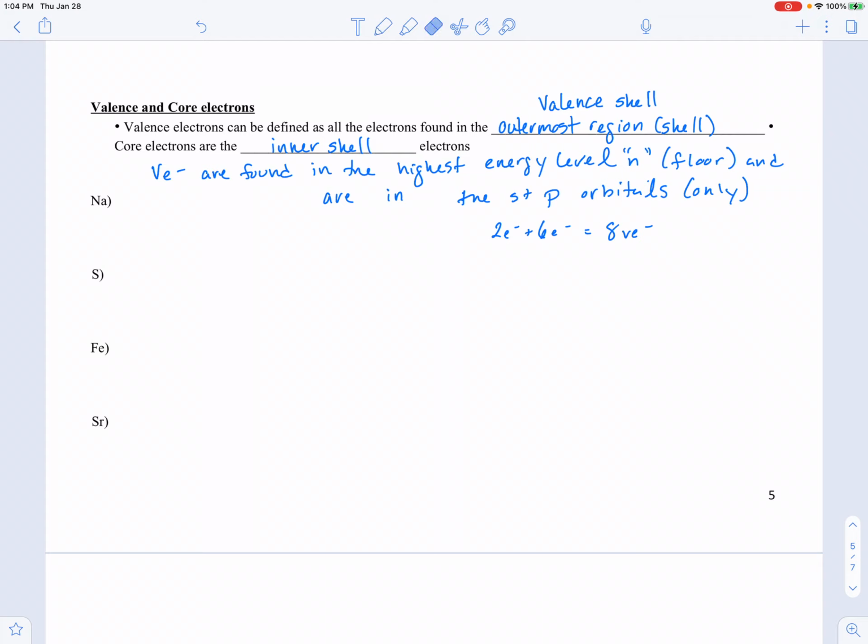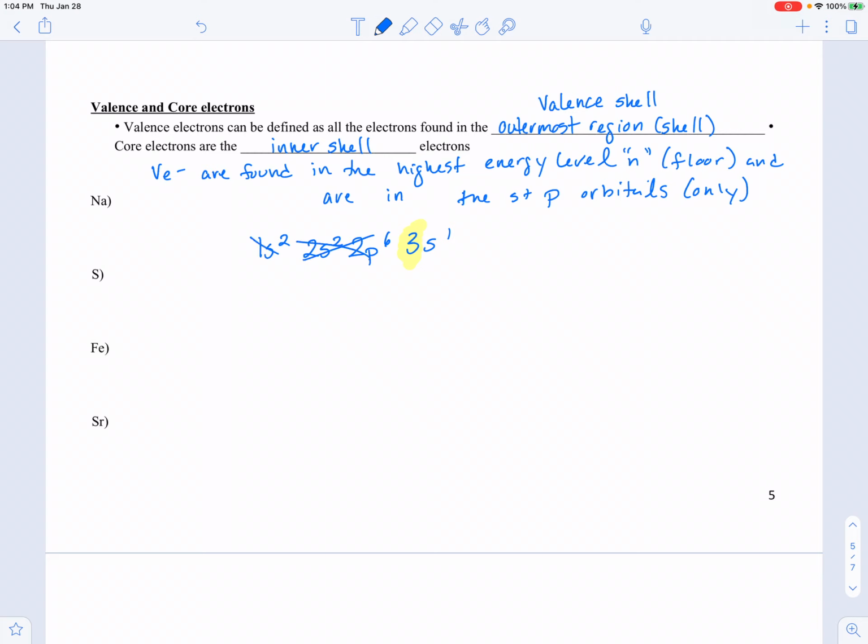So let's take a look at sodium as our example. Sodium's electron configuration is 1s2, 2s2, 2p6, 3s1. The first thing I look for is my highest energy level, and in this case it is energy level 3. So I cannot look at energy levels 2 or 1.